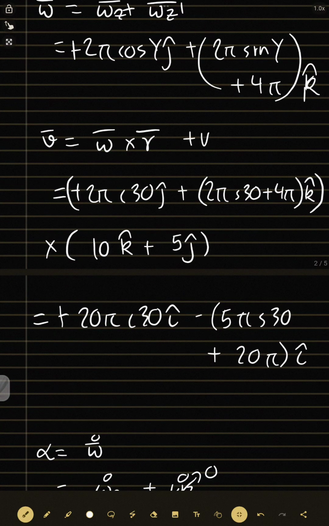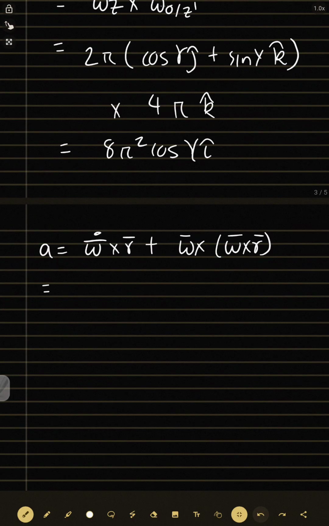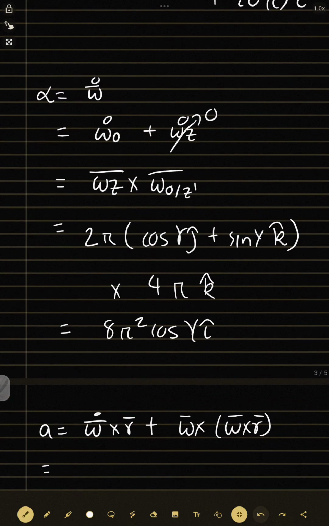What will be the acceleration of A? Again take the time derivative of this alpha cross r, which is the time derivative of omega, plus omega cross the time derivative of r, which is again omega cross omega cross.